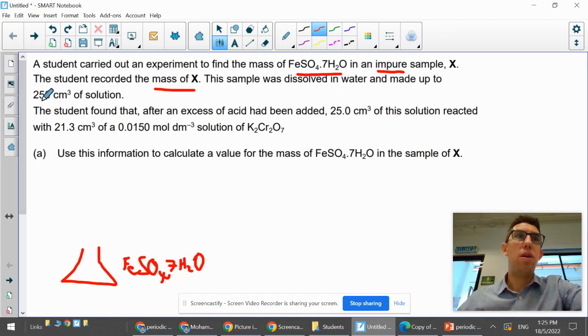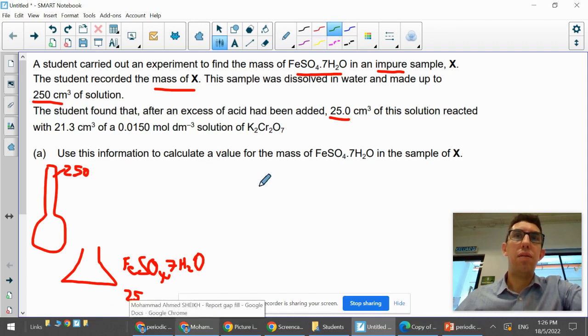Well, we know that it's made up to 250 cm cubed, and then 25 cm cubed of it is put into this conical flask. So this has been taken from a standard solution, probably made up in a volumetric flask, one of those flasks with the long neck. So we originally had 250 cm cubed of it, and then we've got 25 cm cubed.